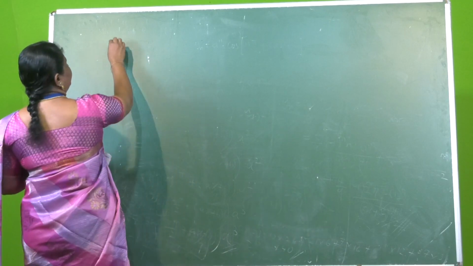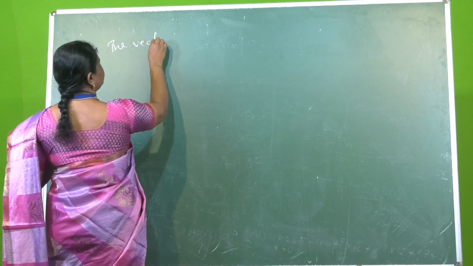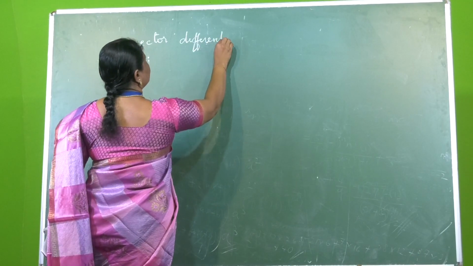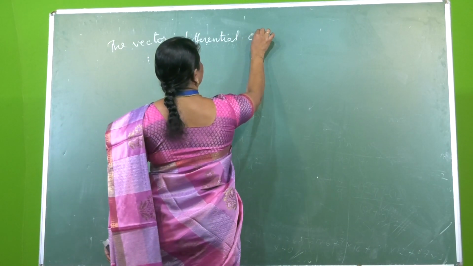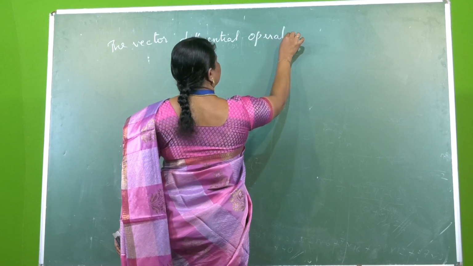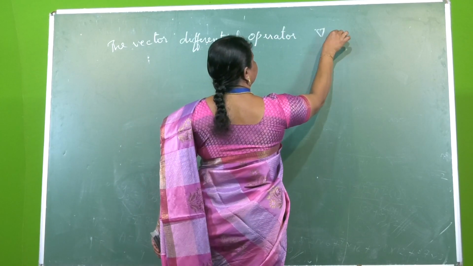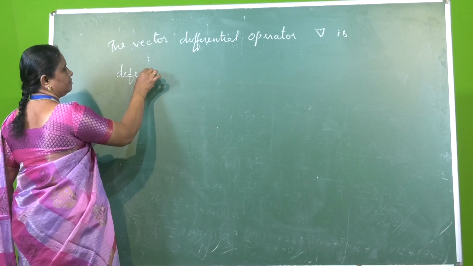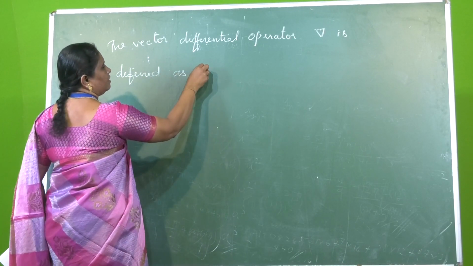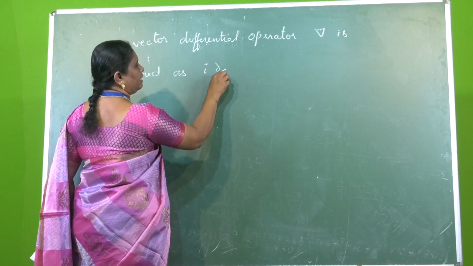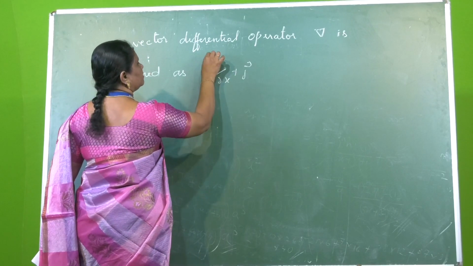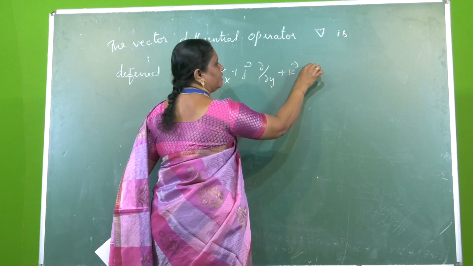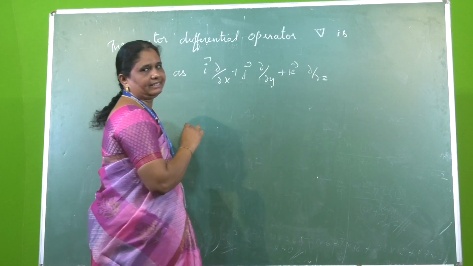The vector differential operator del is defined as i dou by dou x plus j vector dou by dou y plus k vector dou by dou z.